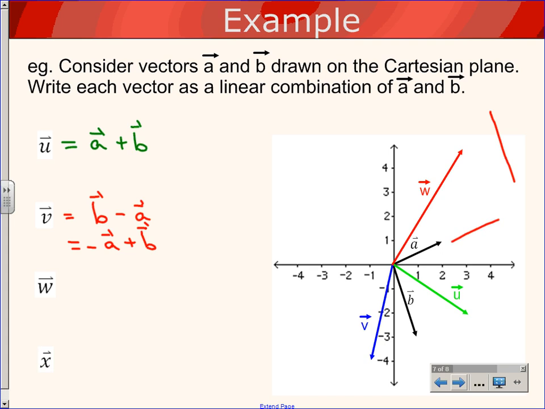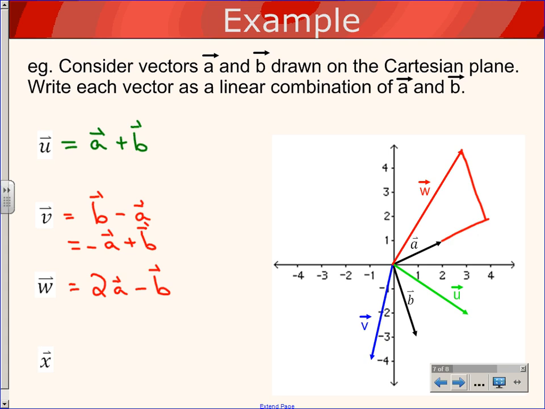I'm going to do 2 vector a's. Okay, so I'm going to head that way. And then vector b after that. Okay, so to create this one, I needed, what did we say, 2 vector a's. And then I went in the opposite direction of vector b, so 2a minus vector b to make that one.